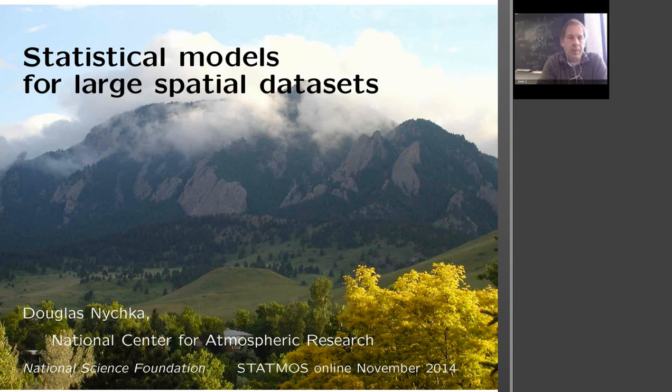And everyone knows how influential he is in terms of statistical methods for atmospheric and oceanic sciences, and the development of a lot of spatial models and spatiotemporal models. And so today he's going to talk about statistical models for large spatial data sets, and thanks again, Doug.